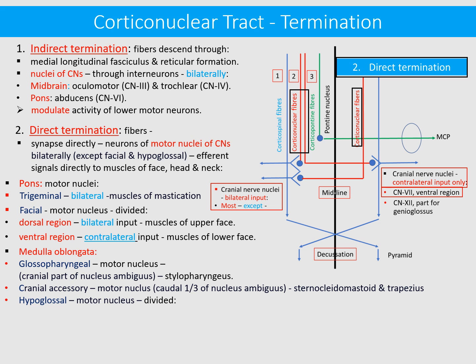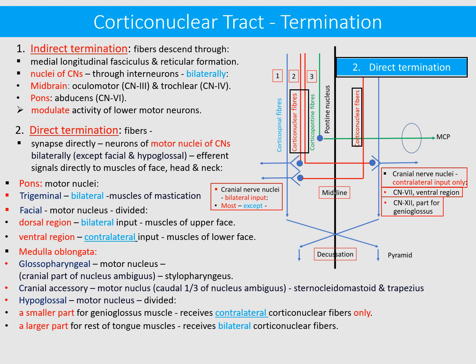The motor nucleus of this nerve is again divided into two parts: a smaller part for the genioglossus muscle, which receives contralateral corticonuclear input only, and a larger part for rest of the tongue muscles, which receives bilateral corticonuclear input.